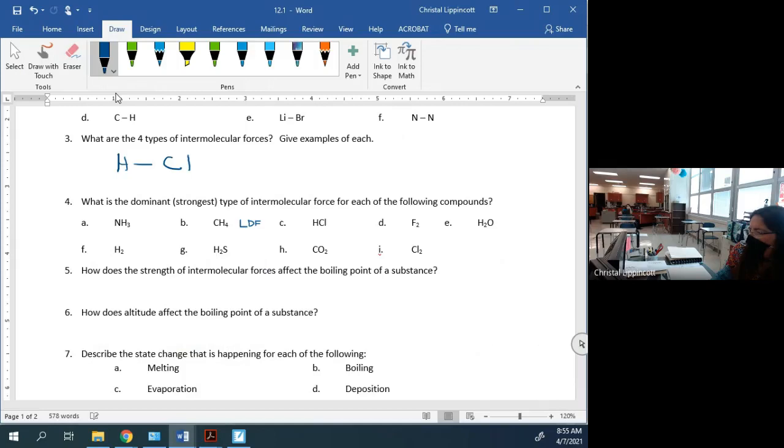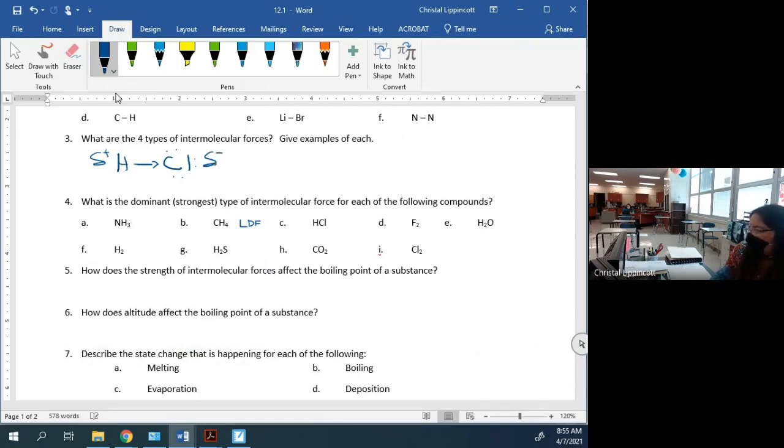And what happens is this chlorine kind of becomes an electron hog. Because it has such a high electronegativity, the electron from the hydrogen is going to end up spending more of its time on this side than it is on this side. So that's going to give this side a positive charge and this side a negative charge.